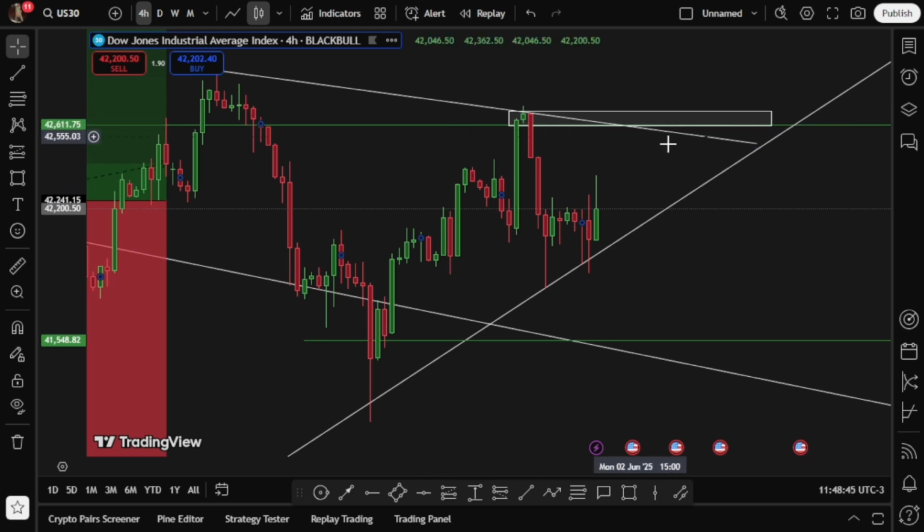I have applied a minor counter trend line, and I've also marked the recent level. If price comes and breaks above here with a candle on the 4 hours close, there you have it, guys. That's the trade entry for you. So you should wait till price comes and closes above this level.